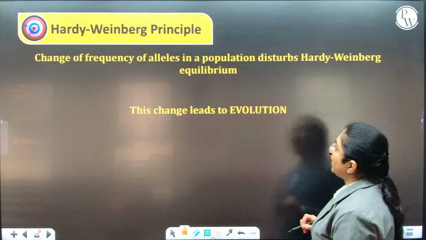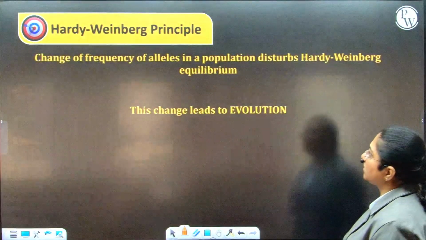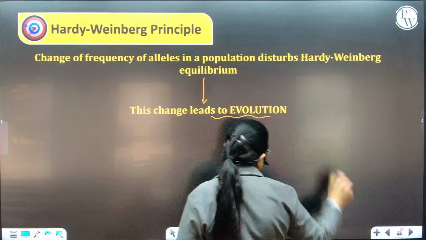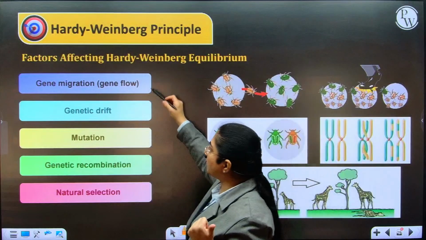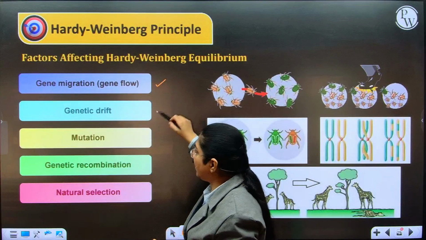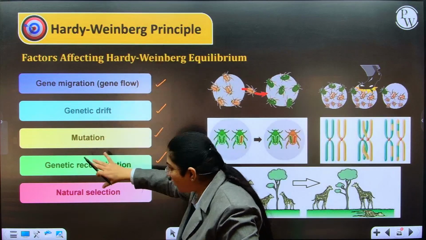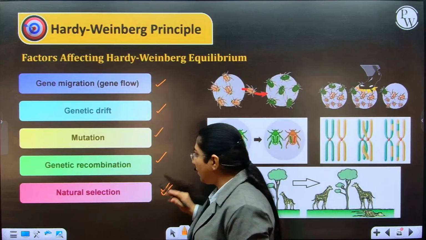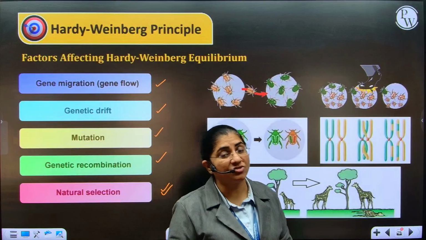Okay, so now when we talk about Hardy and Weinberg, as I told you, change in the allele frequencies will lead to evolution. What are the factors that bring about change in the allele frequencies? There is gene migration and gene flow, genetic drift, mutation, recombination, and all of this summing up with natural selection, very, very important, will lead to population change, to change in the allele frequency.